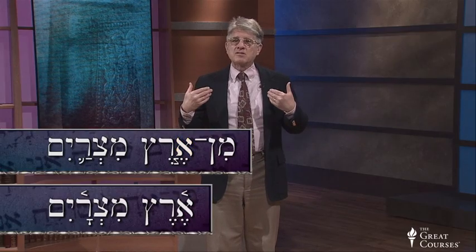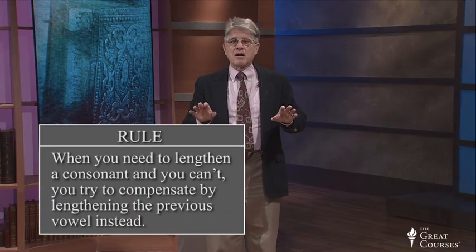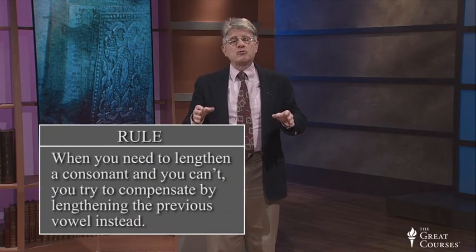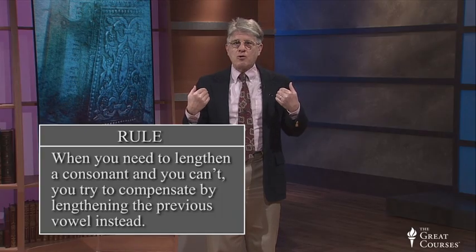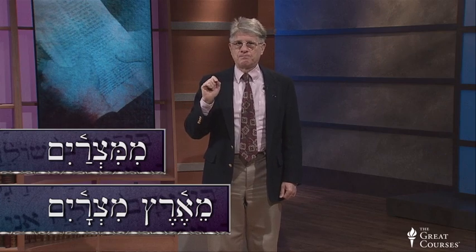You're going to be hearing me say this over and over again. When you need to lengthen a consonant and you can't, you try to compensate by lengthening the previous vowel instead. So the chirek lengthens to a tsere. It's mi Mitzrayim, but me Eretz Mitzrayim.